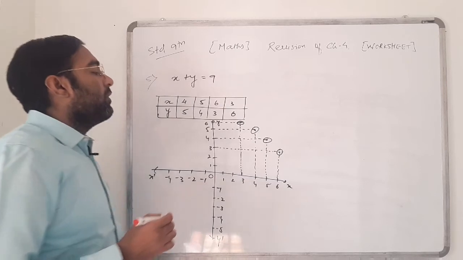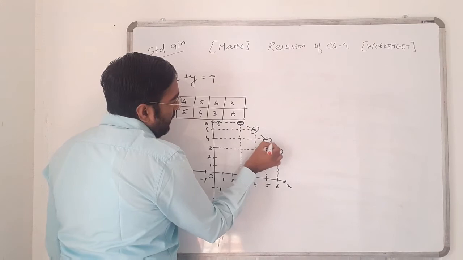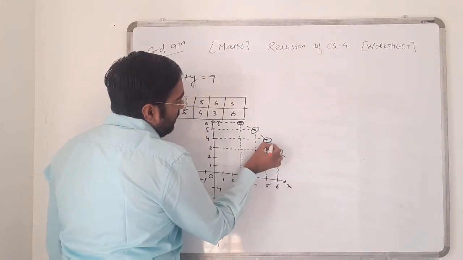So your point is here. So here you can see that your equation and your line are formed.